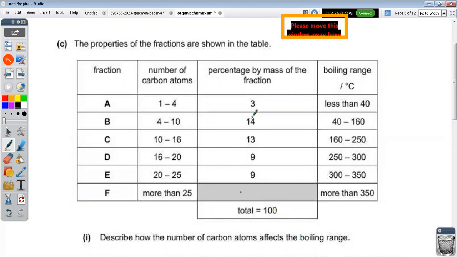So if you add that plus that plus that plus that plus that plus what's missing, you should get 100. So you simply add 14 plus 3 plus 18 plus 9 plus 9. Subtract from 100. Then you get the percentage by mass of the missing fraction. I think it's 52. Okay.